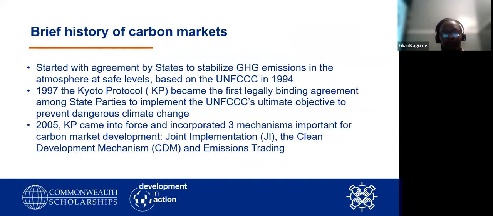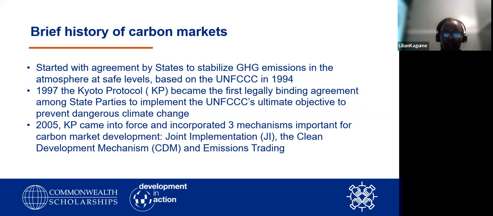So let me talk briefly about how the carbon market started. So this started in 1994 when the United Nations Framework Convention on Climate Change, popularly known as UNFCCC, came into place. And this was basically an agreement between states to stabilize the greenhouse gas emissions at a safe level.